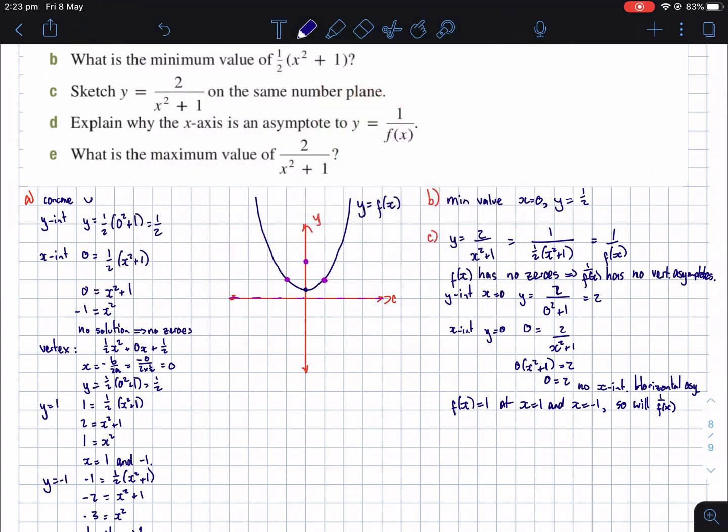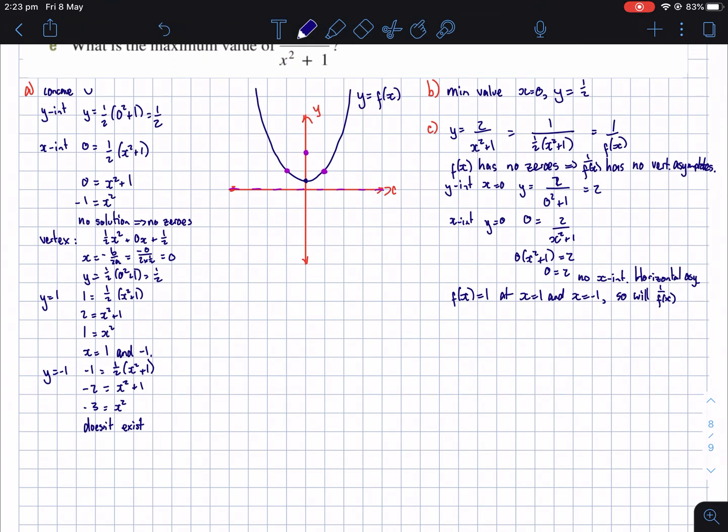And our maximum is going to be at the x coordinate of the minimum in f of x.